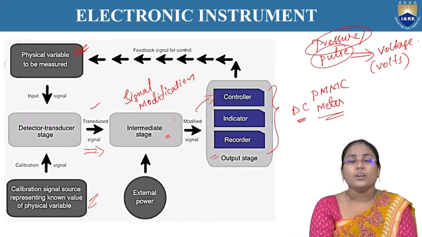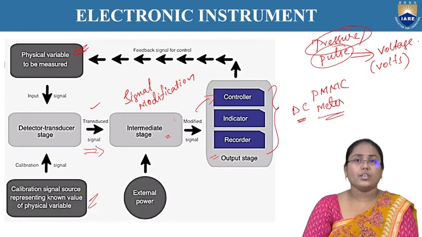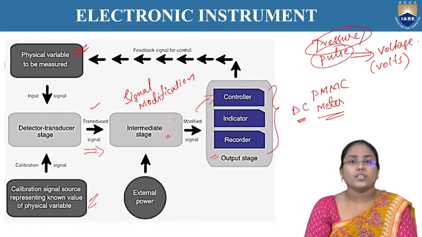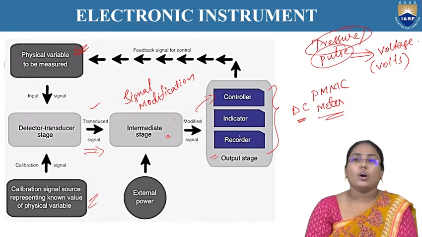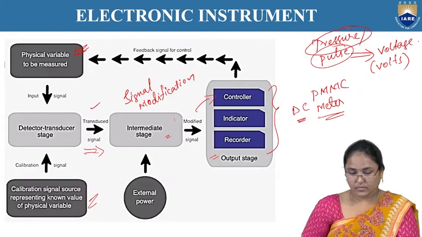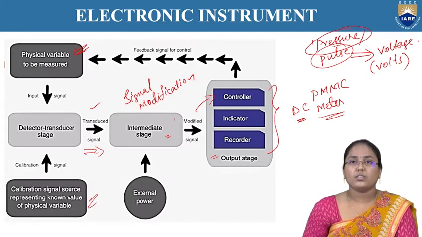We can use the modified signal in any particular circuit or operation. Once we got the modified signal, we can see it on the indicating device, or record it, or also control it. So this is the basic electronic instrument, and these are the basic blocks in it.